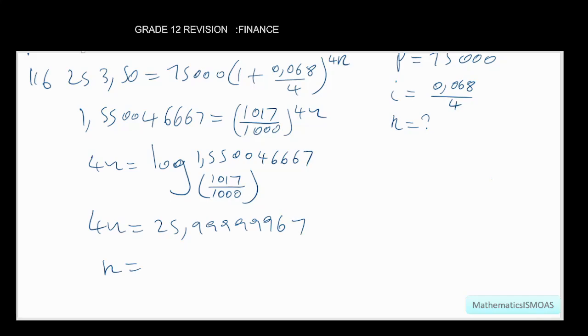We find that n is equal to 6.49999918. Therefore, n will be, to two decimal places, 6.50 years. Remember to round off to two decimal places unless stated otherwise. n will be equal to 6.5 years.